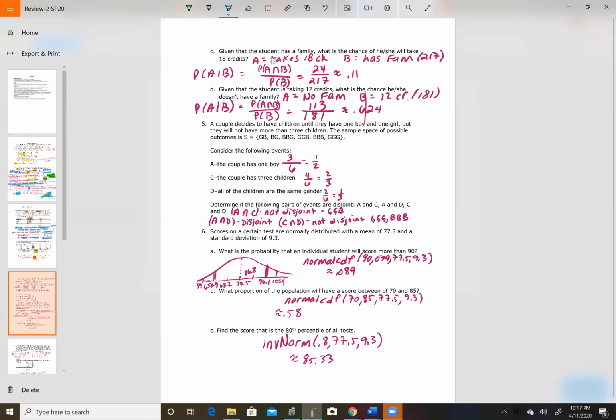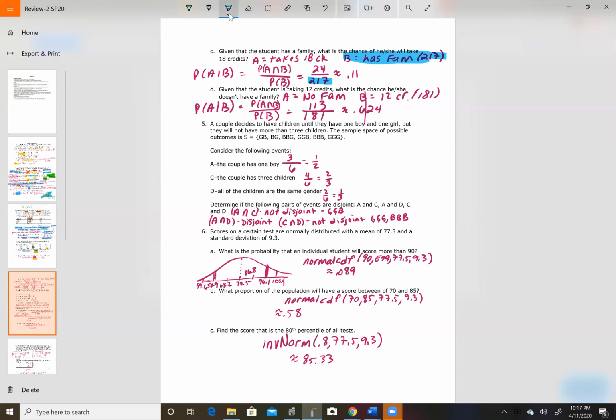Question C, given that the student has a family, and this one's going to be conditional. So given that the student has a family, which I made as B, that this student has a family already. So our pool of people that we're going to choose from has already been whittled down to 217. And you can see that becomes our denominator here.